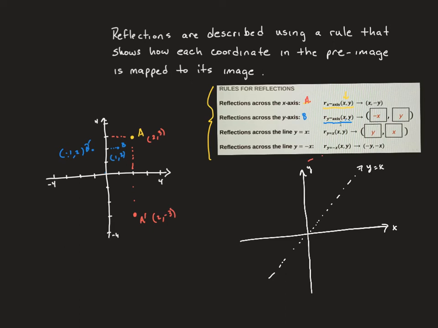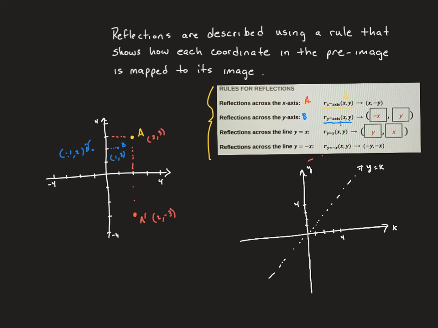And it says that if we reflect over y equals x, then the x value becomes the y value, and the y value becomes the x value. So if we look here, 1, 2, 3, 4. Fix that a little bit.